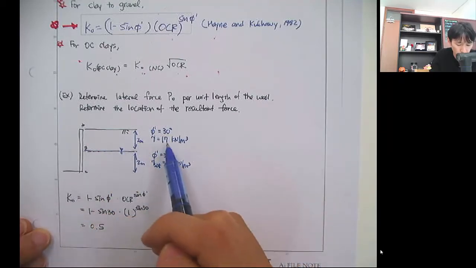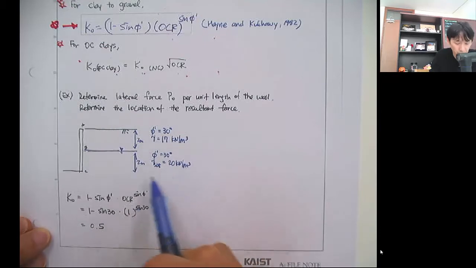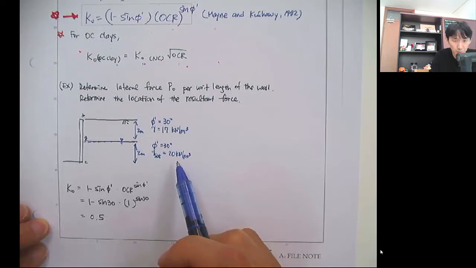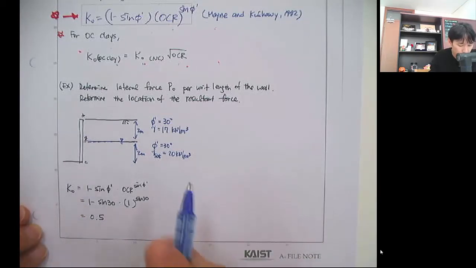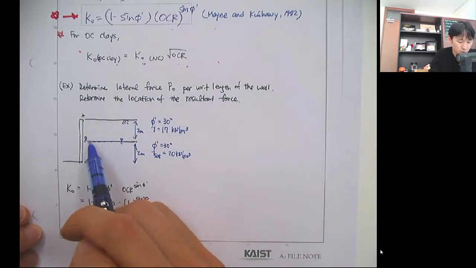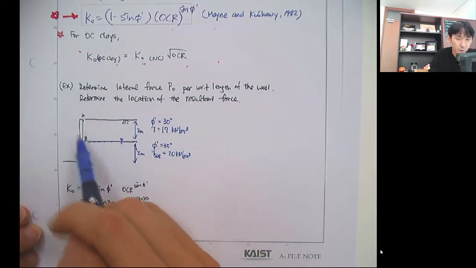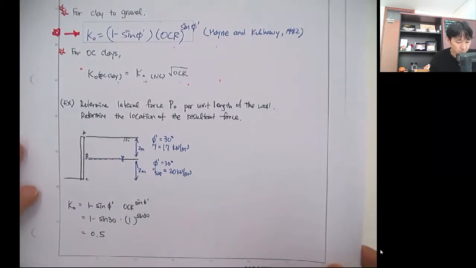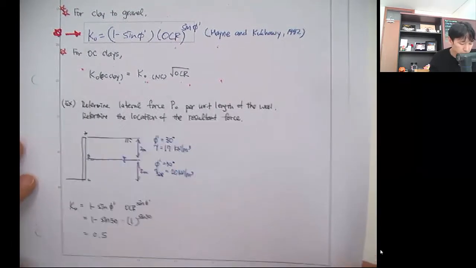Above the water table, 17 kilonewton per cubic meter. Below the water table, the saturated unit weight is 20 kilonewton per cubic meter. So using this, you can calculate the net lateral force acting on this retaining wall. So if you're interested, please do some exercise using this.